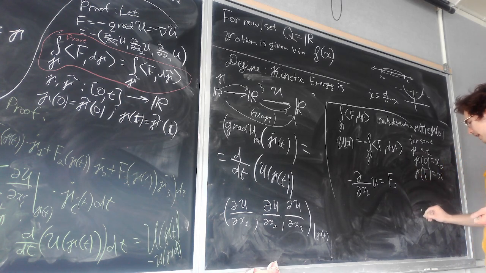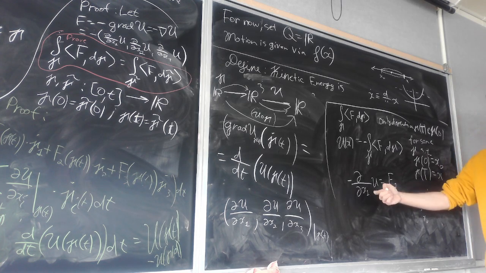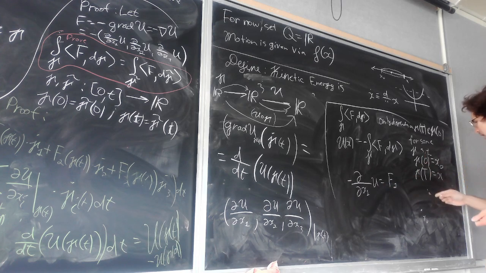So suppose I have x naught here, suppose I have x here, and we want to look at the derivative in the x1 direction, right? So let's specifically choose paths that go like this, and then kind of go straight this way.